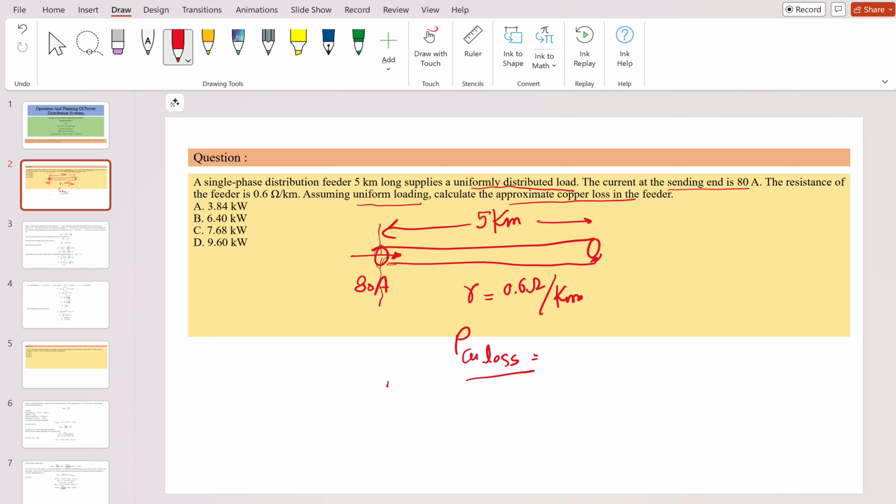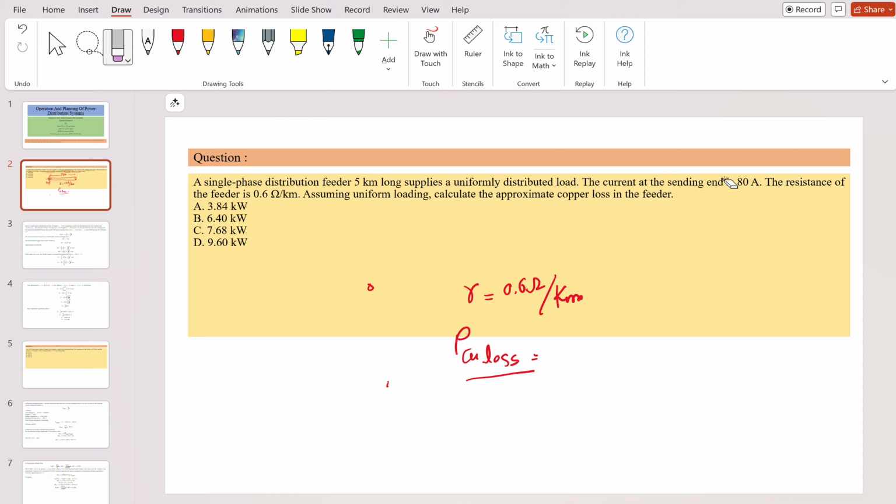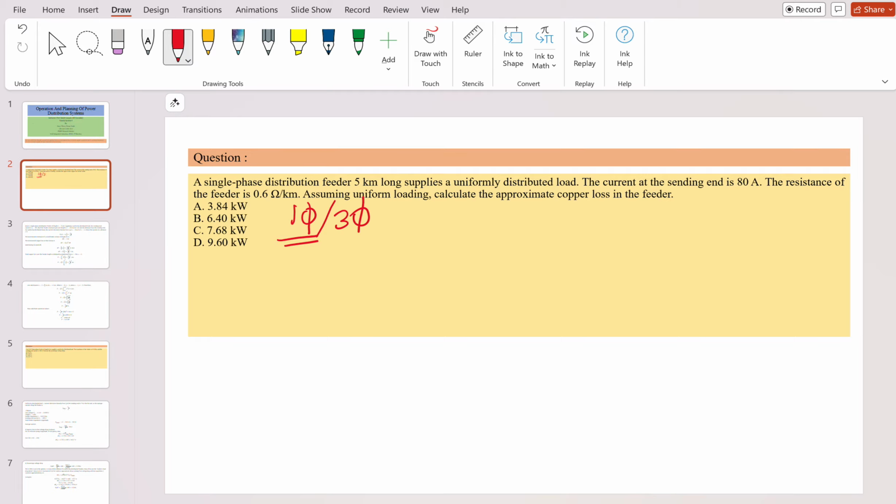Okay, let me give the solution. Just see what I am telling, so you will get a feel for what the question is saying. It is a single phase system, which is very obvious. We already know the difference between three phase and single phase systems.